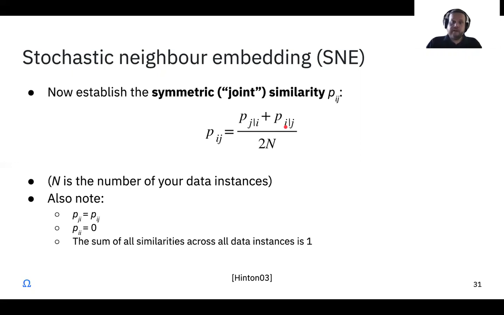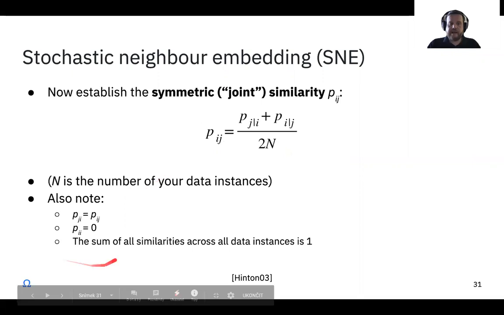Think of a real life example. If somebody chooses someone as their best friend, it doesn't necessarily mean that the best friend will choose them as a best friend as well, right? It's the same principle, and it's just normalized. So this is our final probability, the symmetric probability that i and j are neighbors.